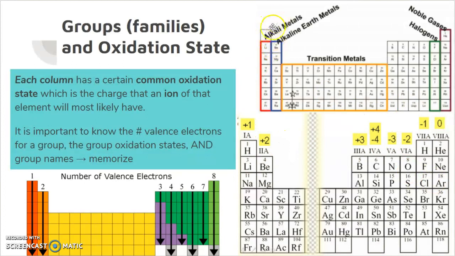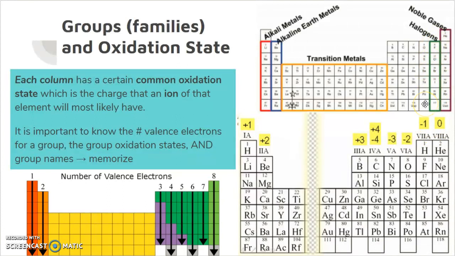And then the group names are really important. Sometimes you would see a question that says, how come an alkali metal reacts really easily with a halogen? If you don't know what an alkali metal or a halogen is, that would make that question very difficult. But if you do know what they are, you'll know that alkali metals get a +1 charge when they're an ion, and halogens get a -1 charge when they're an ion.